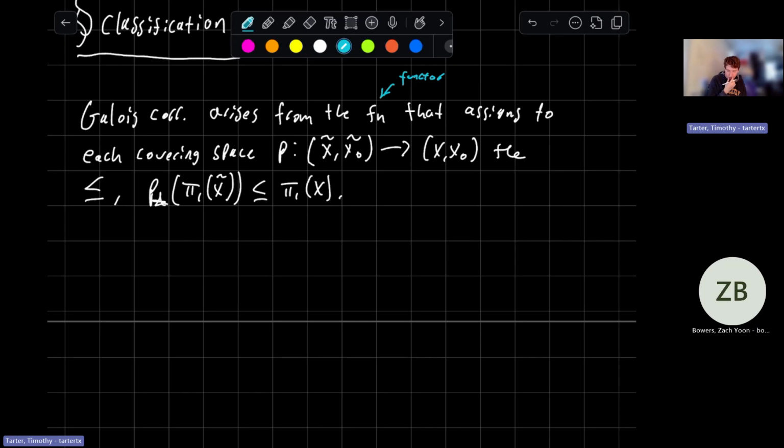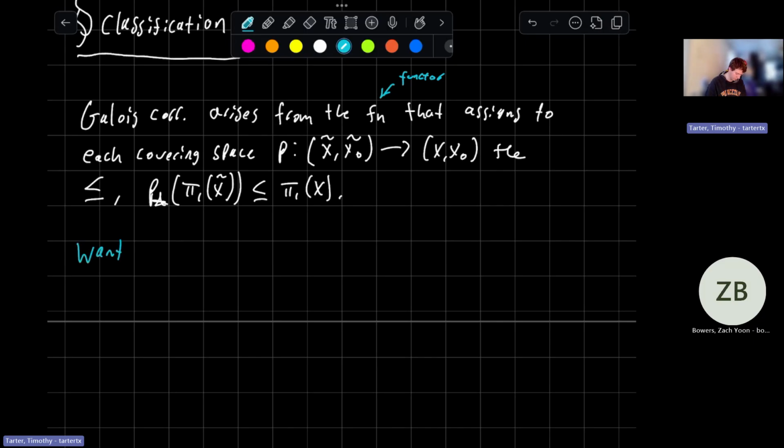We want to consider whether or not this is a surjective function, a full functor. That is, whether every subgroup of pi1 of X is realized as p star of pi1 of X tilde.